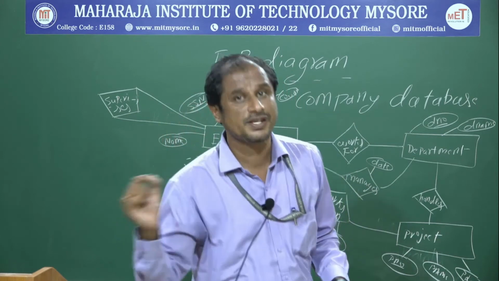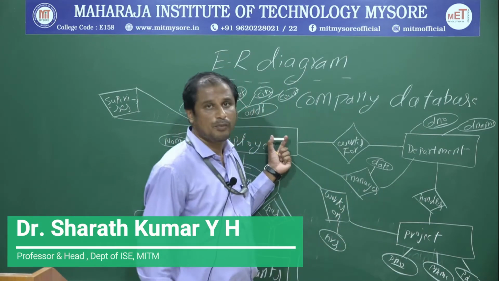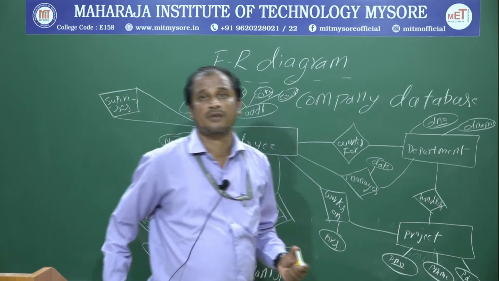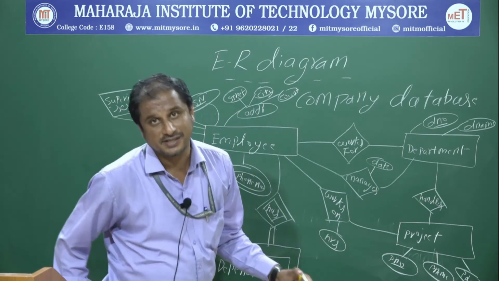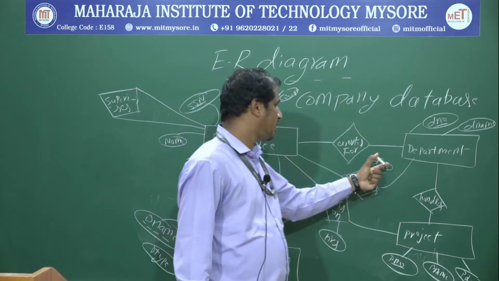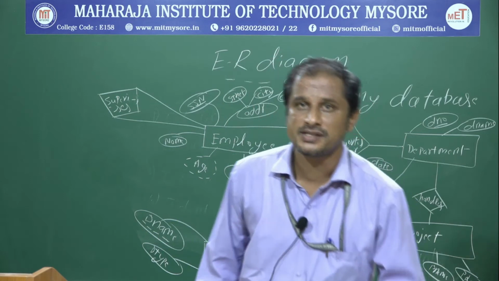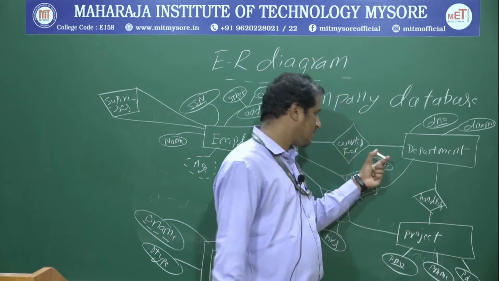Which date to which date? That is what I told: employee manages department has a date, meaning from how many years he has managed the department. That's what I included, the date on managers.